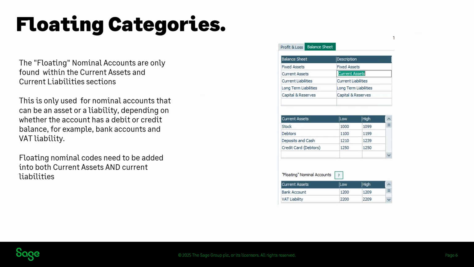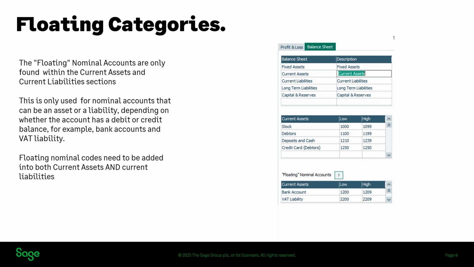Okay, so we're going to just move on to a slightly different topic, and then we're going to cover those errors or those partial statuses that people are mentioning there. And this is a floating category. Okay, now again, your software comes with a floating category, but if you start to make amendments, you might find that some of your codes maybe sit outside what's already set there as default, and you need to add some more in.